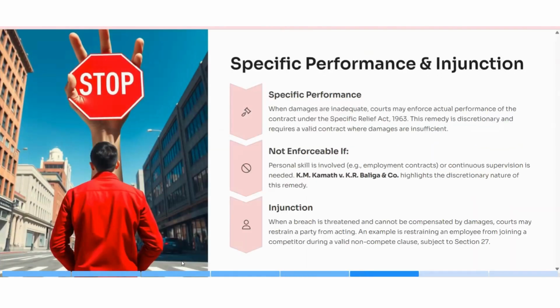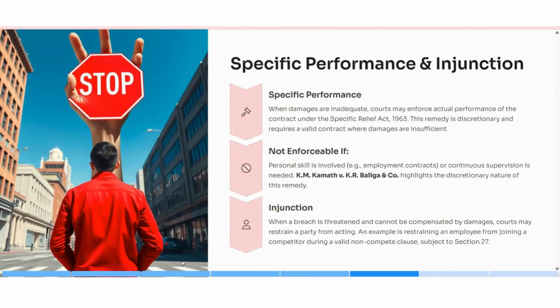Now, coming to what are other remedies, the court can ask for specific performance or injunction. Specific performance means here, when damages are inadequate, the court may enforce actual performance of the contract under the Specific Relief Act 1963.